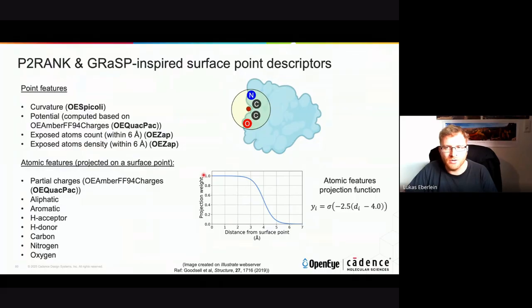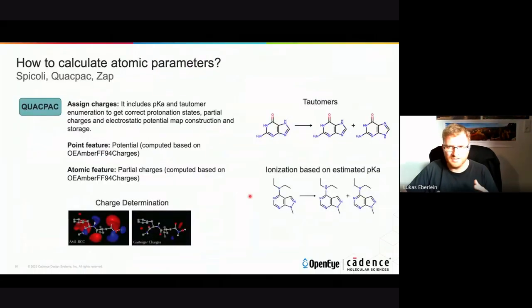We also were inspired by GRASP and used some atomic features, which we are projecting back on the surface, again using our toolkits. These toolkits are one of our products. They are programming interfaces that allow you to basically do anything we can imagine with molecules in a computational way.